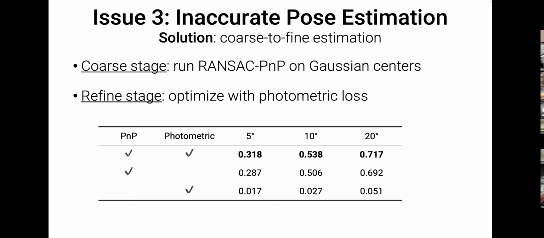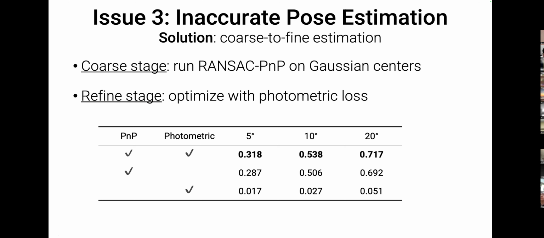One thing you can do that is very straightforward is to take the Gaussian centers as points, and directly run RANSAC PnP on these Gaussian centers to get the coarse camera poses, but it's not very accurate. So what we do is add an additional refinement stage, where you further optimize again with the photometric loss.